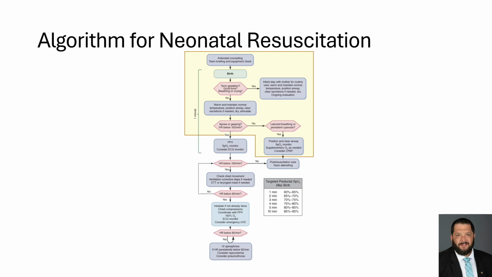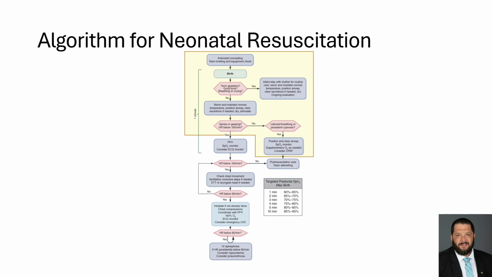If not, let's say baby is flaccid or just not vigorous or has a low APGAR score, the first thing we're going to do is warm, dry, stimulate, right? Position the airway, clear secretions, warm and dry and stimulate. And this is during the first 60 seconds. If there is persistent apnea or gasping, and the heart rate is below 100, then we're going to move to positive pressure ventilation.